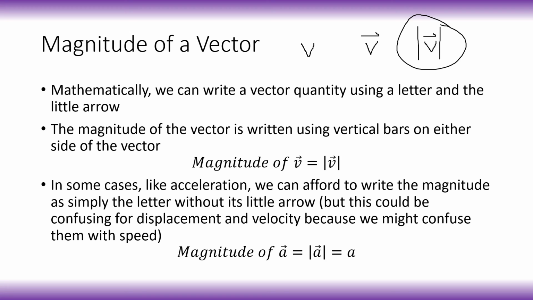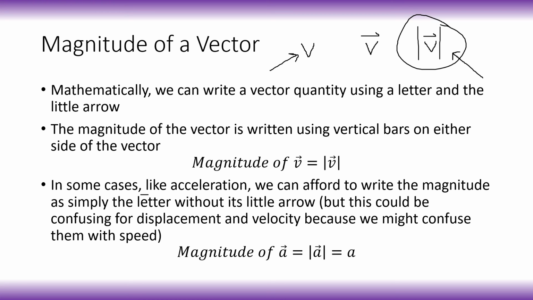Now, with speed and velocity, it can get a little bit messy because the speed isn't necessarily equal to the velocity. So we need to write down the magnitude of the velocity in this kind of complicated way so that we don't confuse it with our speed v.